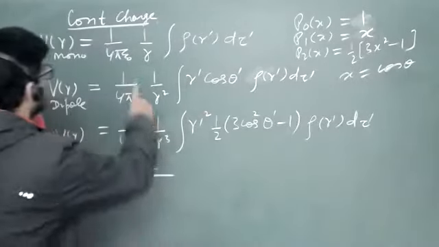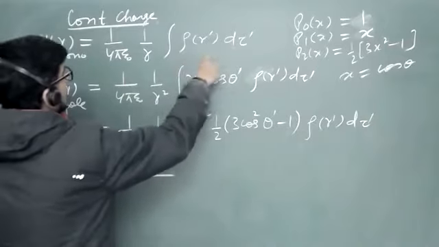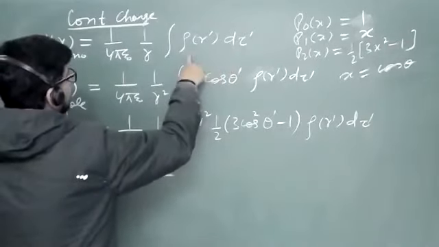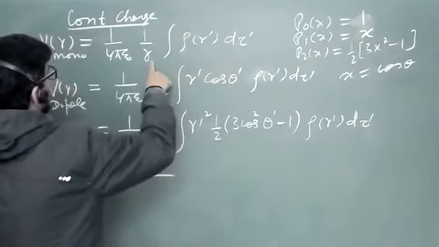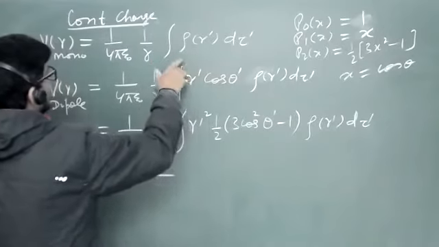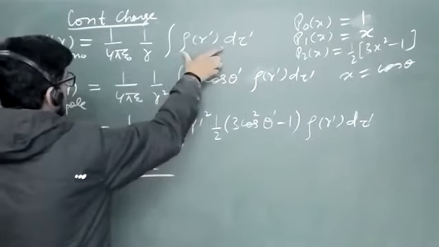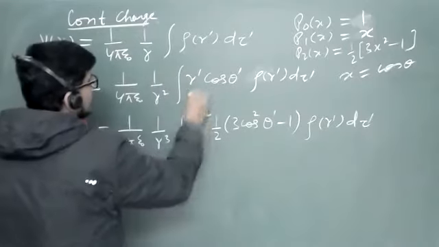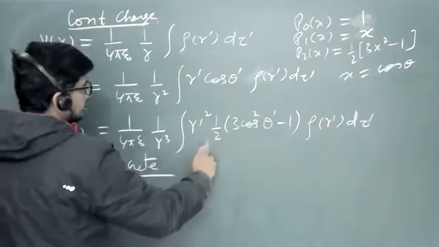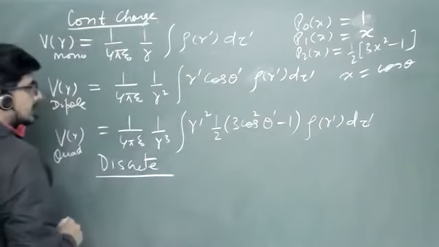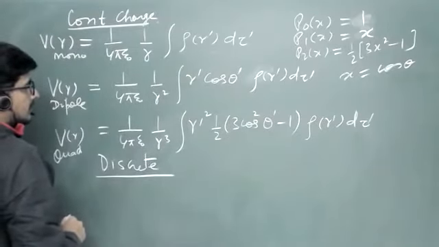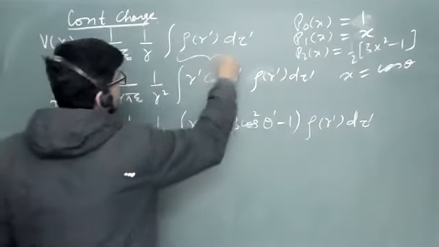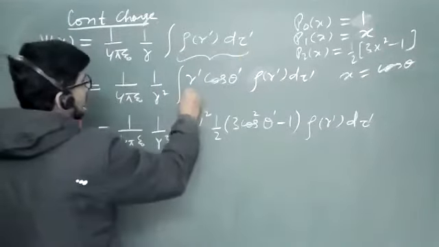Look at this carefully. This is just charge, right? What is this? 1 upon r. So this is just charge. Now look at the discrete system. This is charge, this is dipole moment, and this is, tell me, quadrupole moment. This is the total charge. How is this defined?